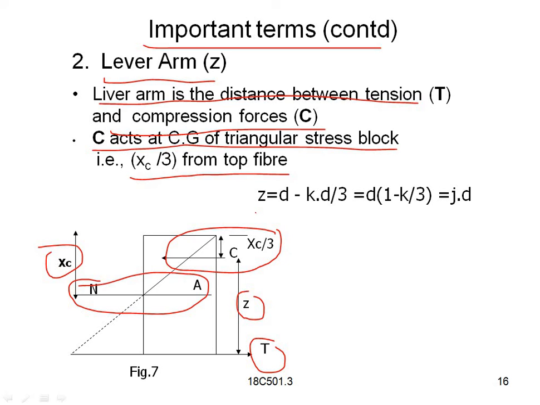So Z is determined as d, where up to here the d will be there. This is called d.